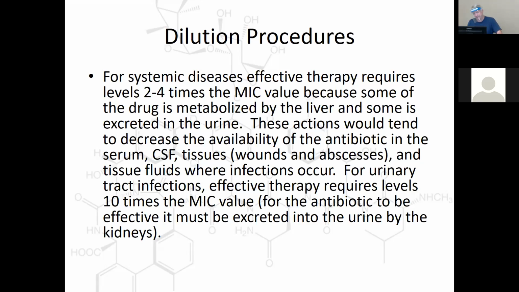For urinary tract infections, effective therapy requires levels 10 times the MIC because it's excreted into the urine by the kidneys. So keep in mind that we have an MIC, the minimum inhibitory concentration, but we can't just go with the MIC minimum. Urinary tract, we go 10 times higher.